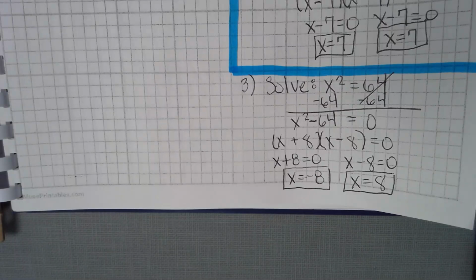Those are the answers. Negative 8 and positive 8. The solutions to a quadratic are the x-intercepts. They're also called zeros. And y'all, you'll be tested on that. You're going to see something that just says find the zeros. And you're going to have to know, what do they want from me? Oh, wait a minute. Find the zeros means I'm solving this. Okay? All right.